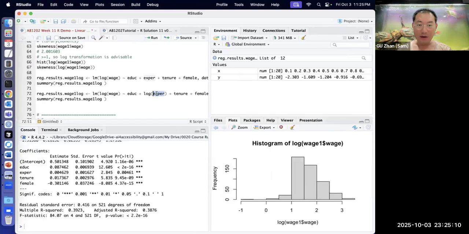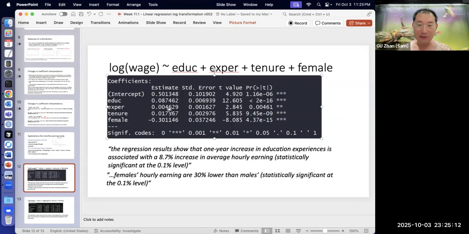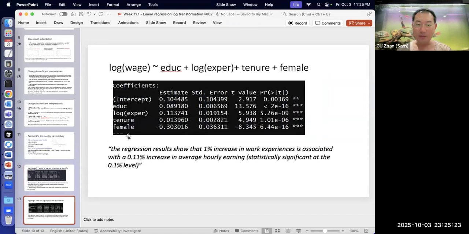Then we apply the log to experience. In the meantime, experience is still quite significant, less than 0.05, and this is the coefficient of it.